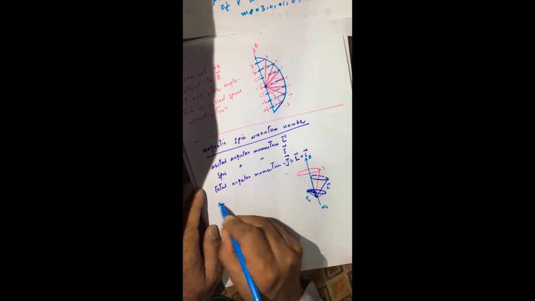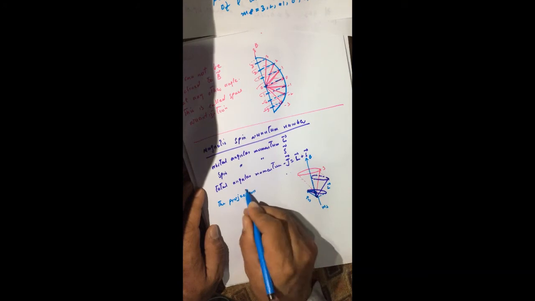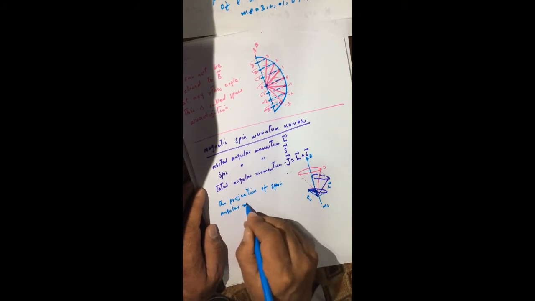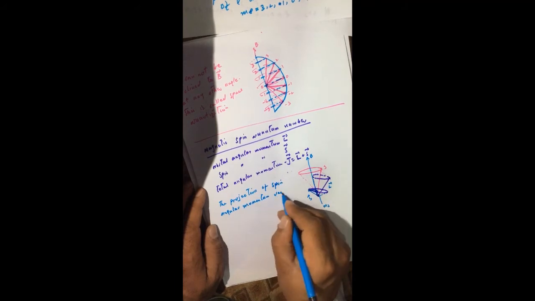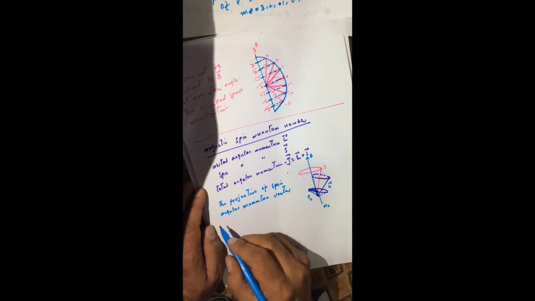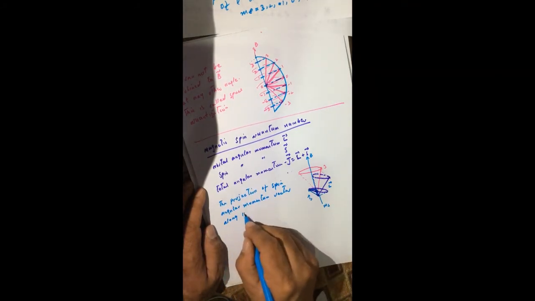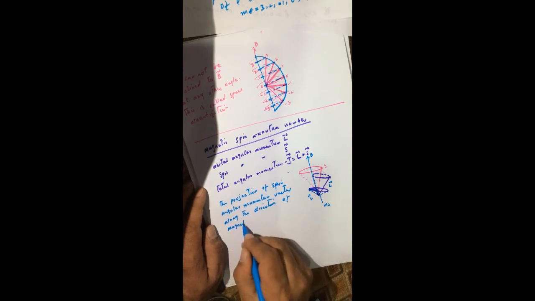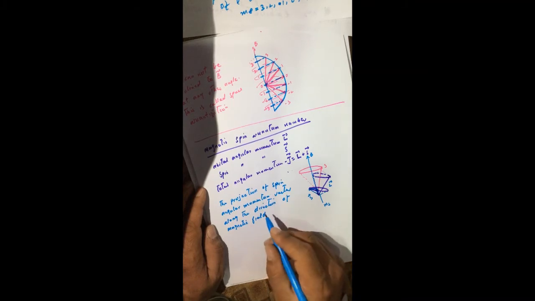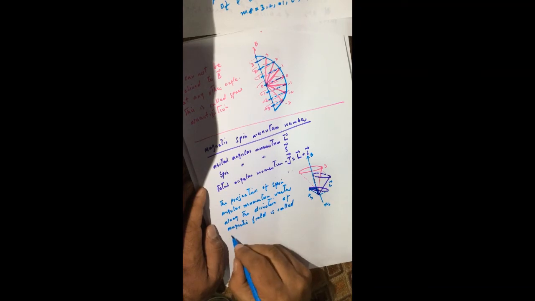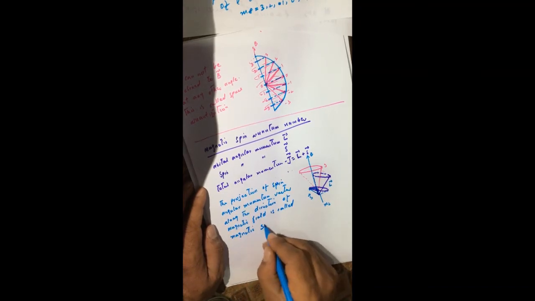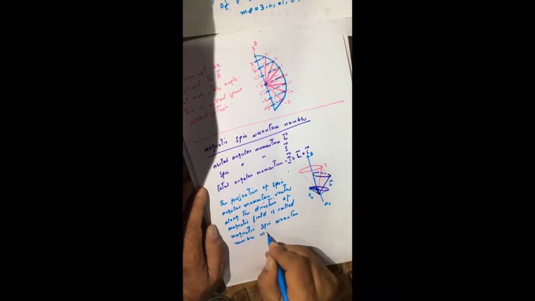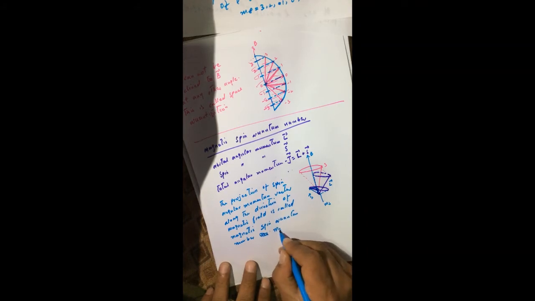So we can say that the projection of the spin angular momentum vector along the direction of the magnetic field is called the magnetic spin quantum number, and it is represented by ms.